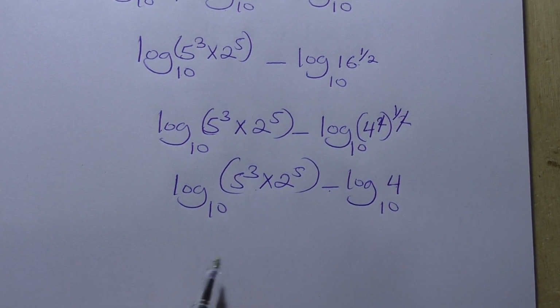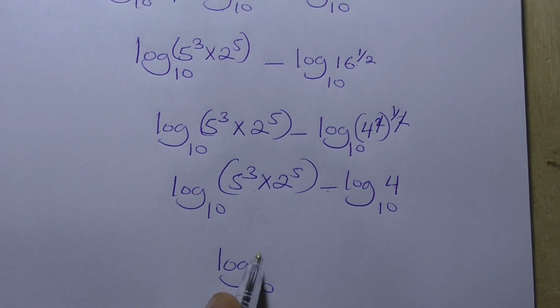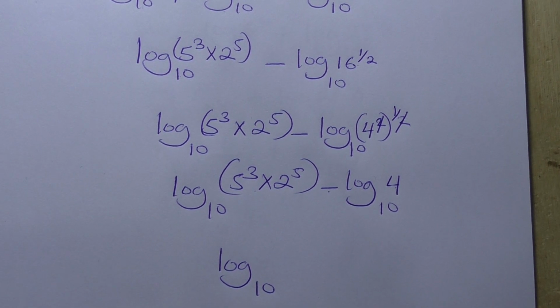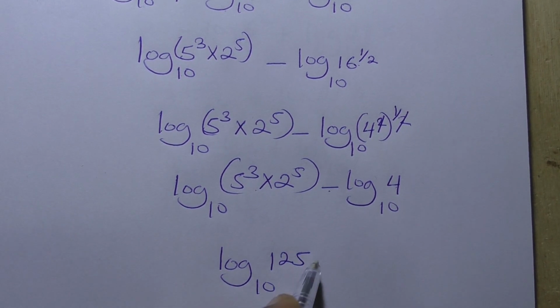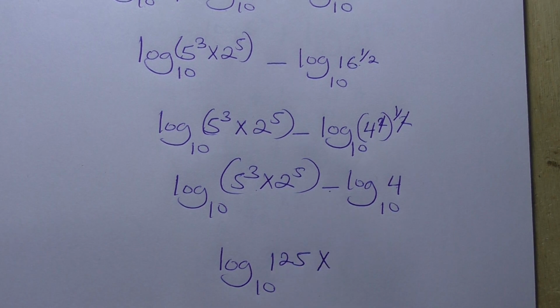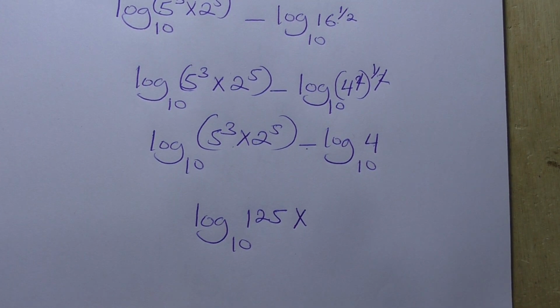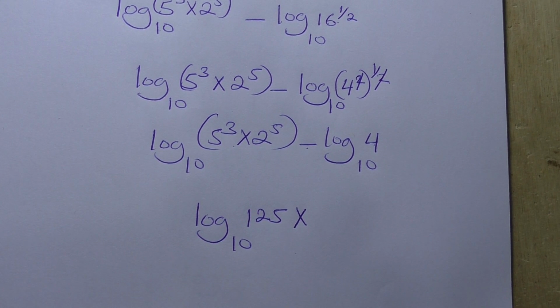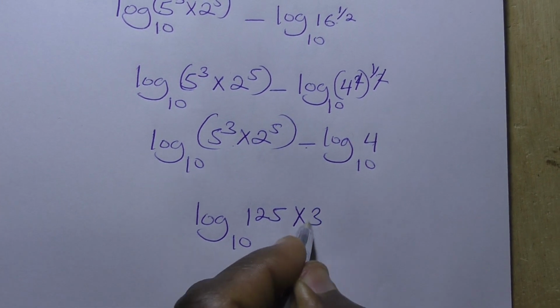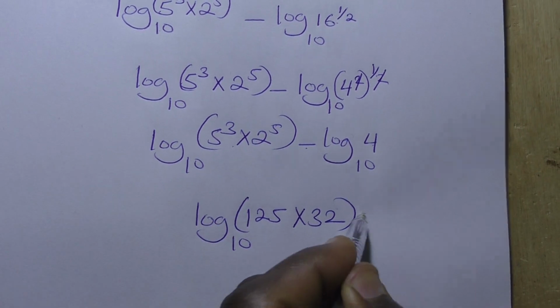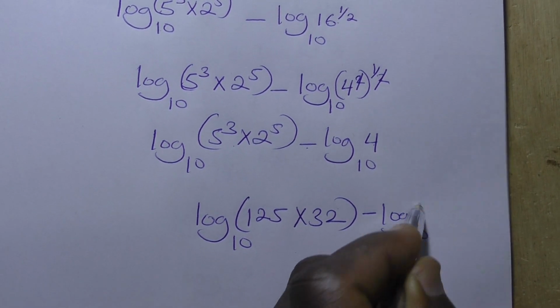That is to say, we shall have log 10 of 5 power 3, that is 125, times 2 power 5, that is 32, minus log 10 4.